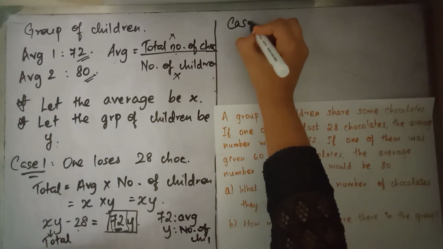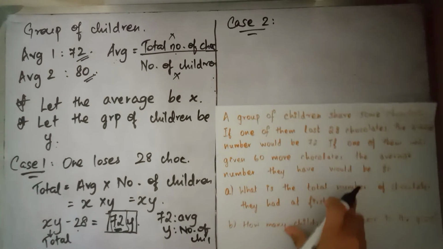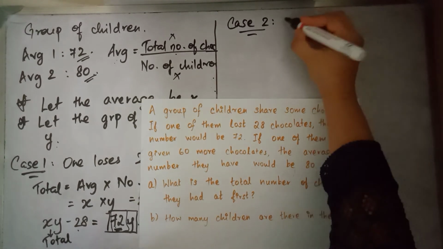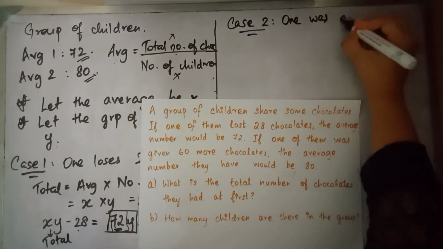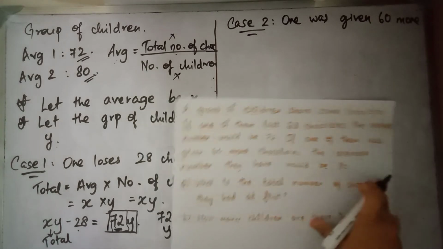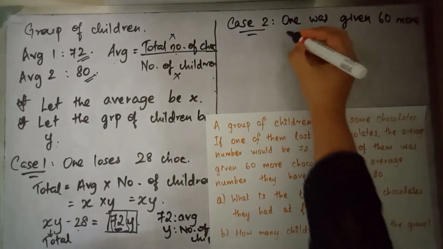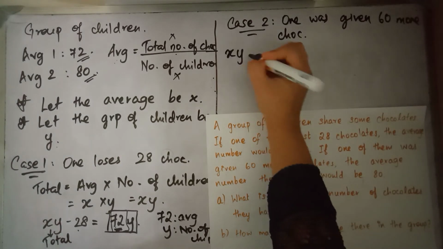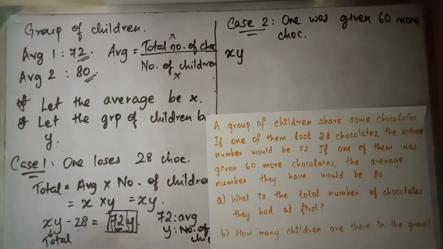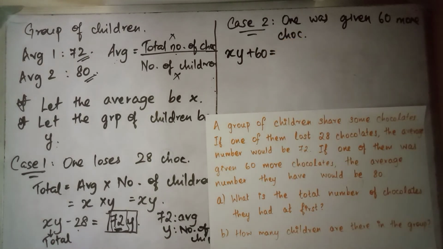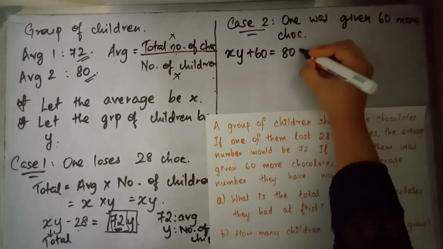Next, case 2. Let's look at case 2. If one of them was given 60 more chocolates, we can form an equation just like we did in this case. Then what happens? The initial total is xy, and if they are given 60 more chocolates, plus 60, that is equal to the average they have, which would be 80, 80 into y.